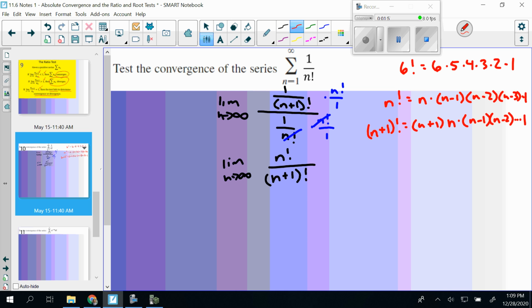So what would happen then if we had n factorial over n plus 1 factorial? You can see here that all these terms would cancel out all the way down to 1, except the n plus 1. So how we're going to write this when we do our limit is the limit as n goes to infinity of n factorial.